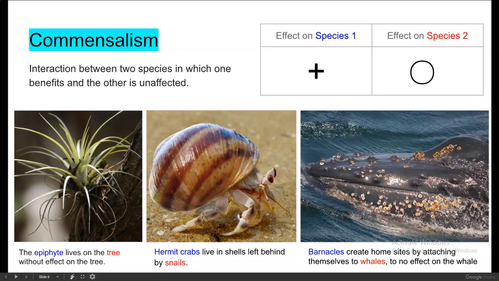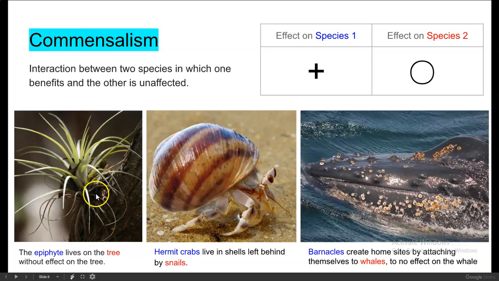Commensalism is an interaction between two species in which one benefits and the other is unaffected. So one species gets a positive benefit and the other is neither beneficial nor harmful. So epiphytes, which are air plants, live on trees with no effect really on the trees. They have roots, but those roots are able to pick up moisture from the air around them.